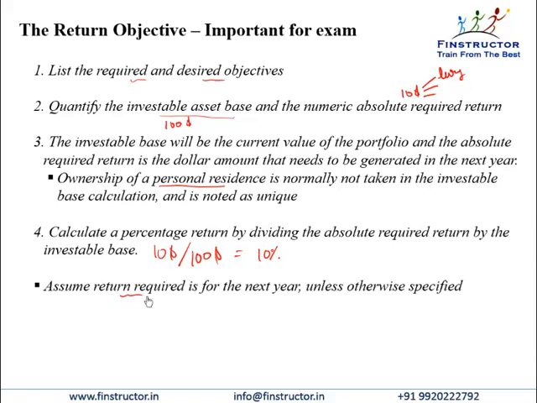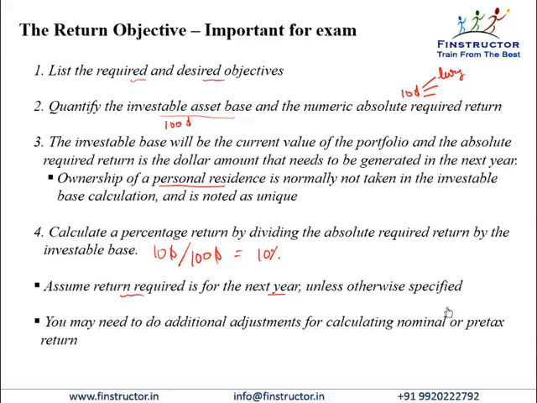Assume that the required return is for the next year unless otherwise specified, and sometimes you may need to do additional adjustments for calculating nominal return or pre-tax return. That is, to this calculation you may need to add inflation or you may need to add taxes.